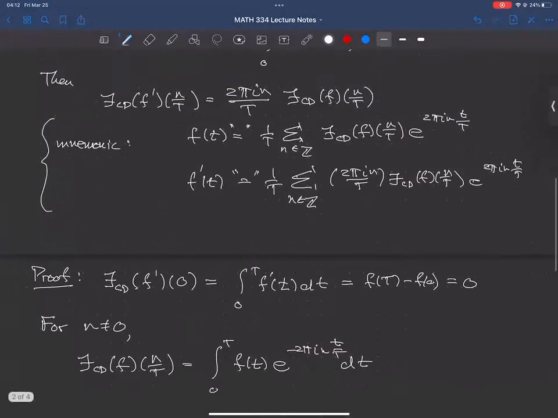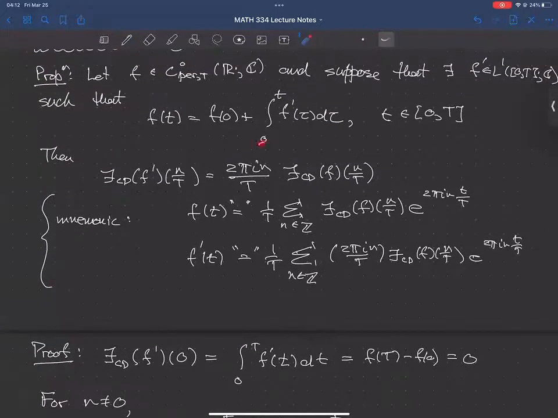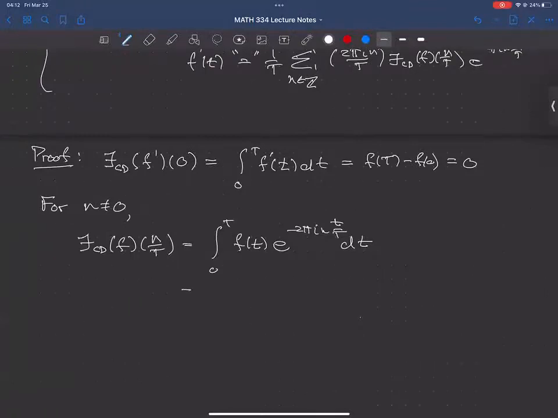Now I'm going to stick in the definition of f: f of t is the integral from 0 to little t of f prime of tau d tau. Then I'm going to multiply that by e to the minus 2 pi i n t over T dt.